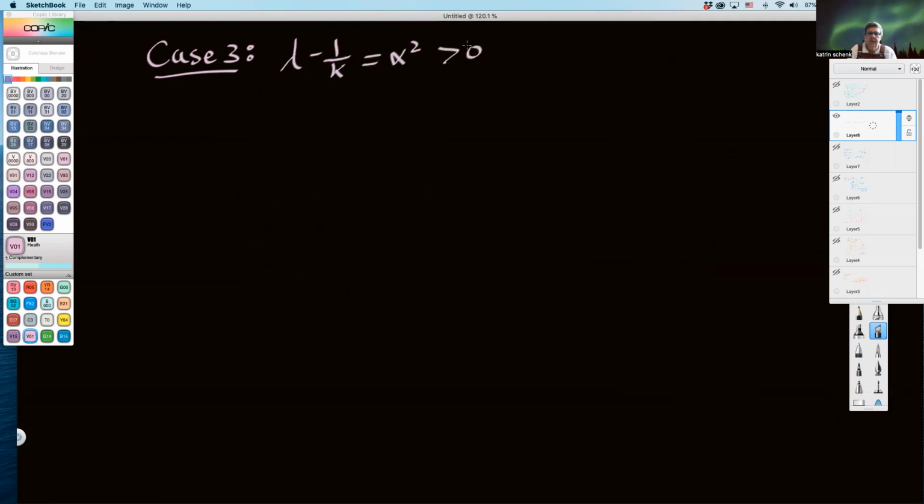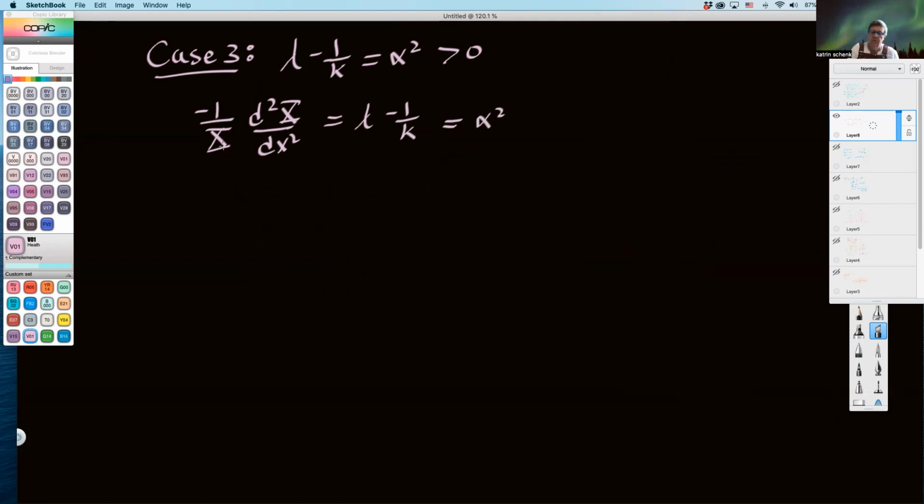Again, write our equations down. We have 1 over X d squared X over dx squared equals minus lambda minus 1 over k, and now we can write that as alpha squared. We're solving this one first.